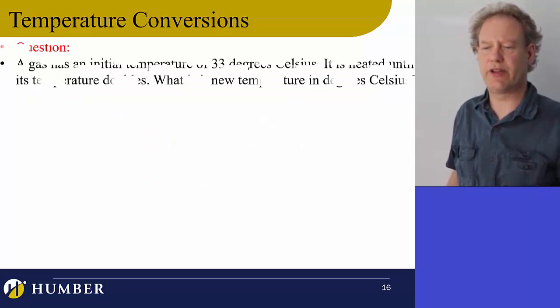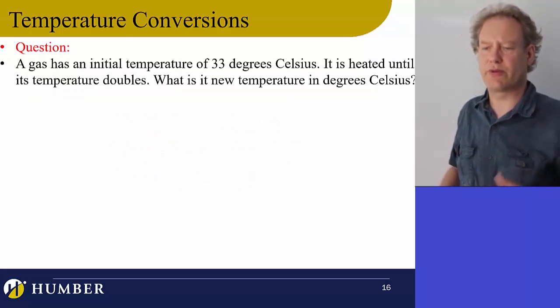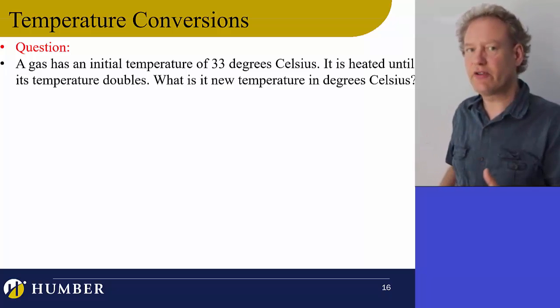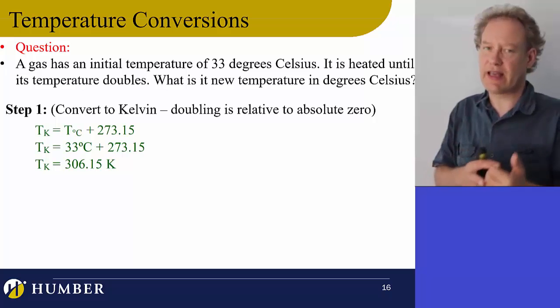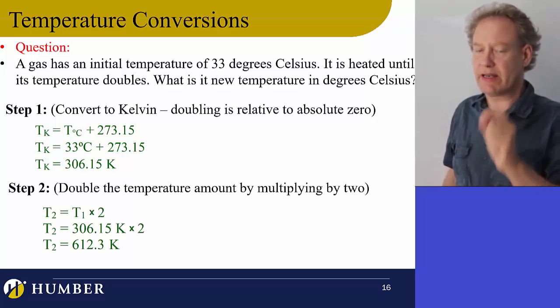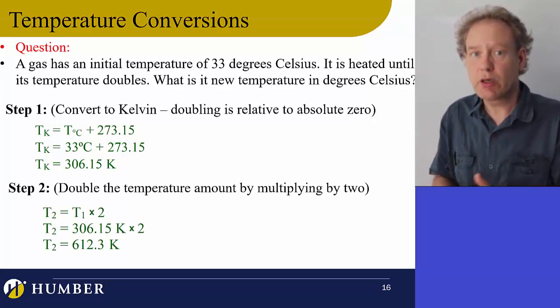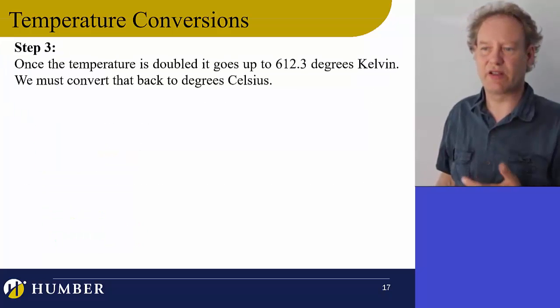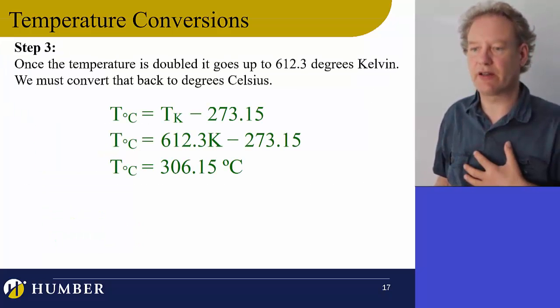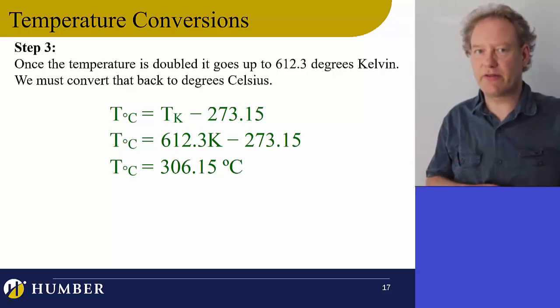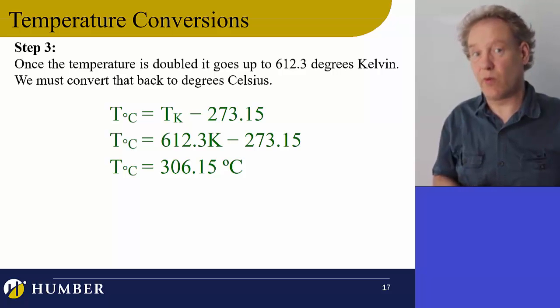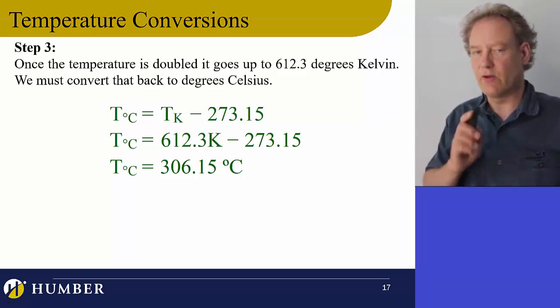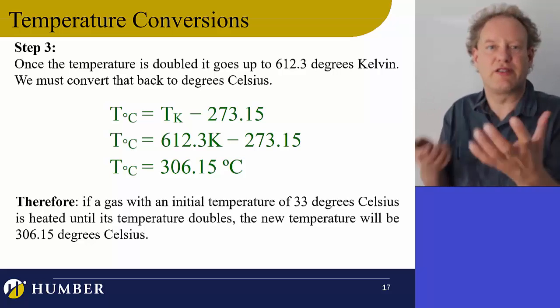If we double 33, we're going to add heat to that gas and double it. What we have to do is convert it to Kelvin, then double that temperature, and then convert it back. So if you take 33 degrees Celsius and double that temperature, it's actually 306.15 degrees Celsius. That's the relative concept there.